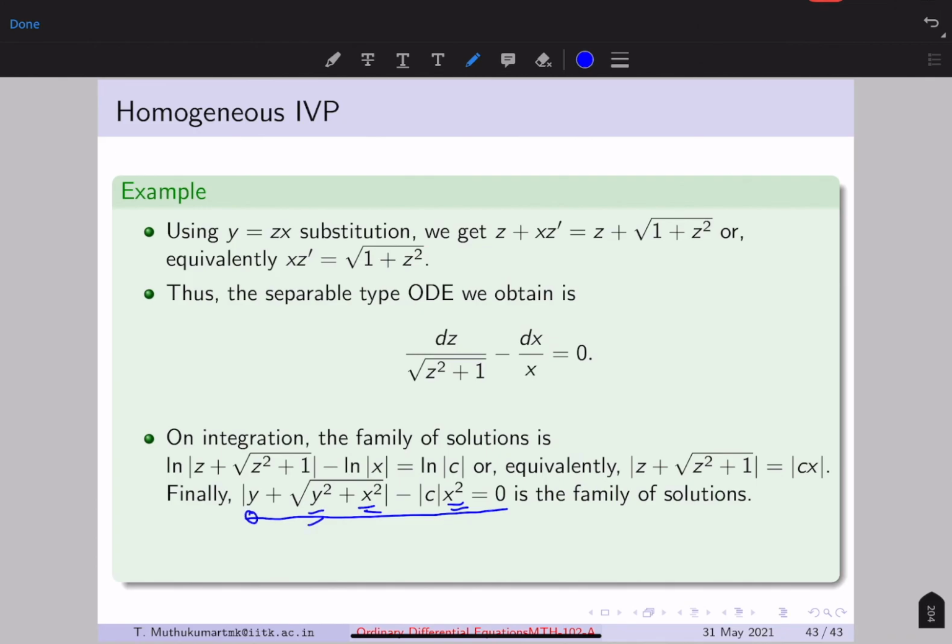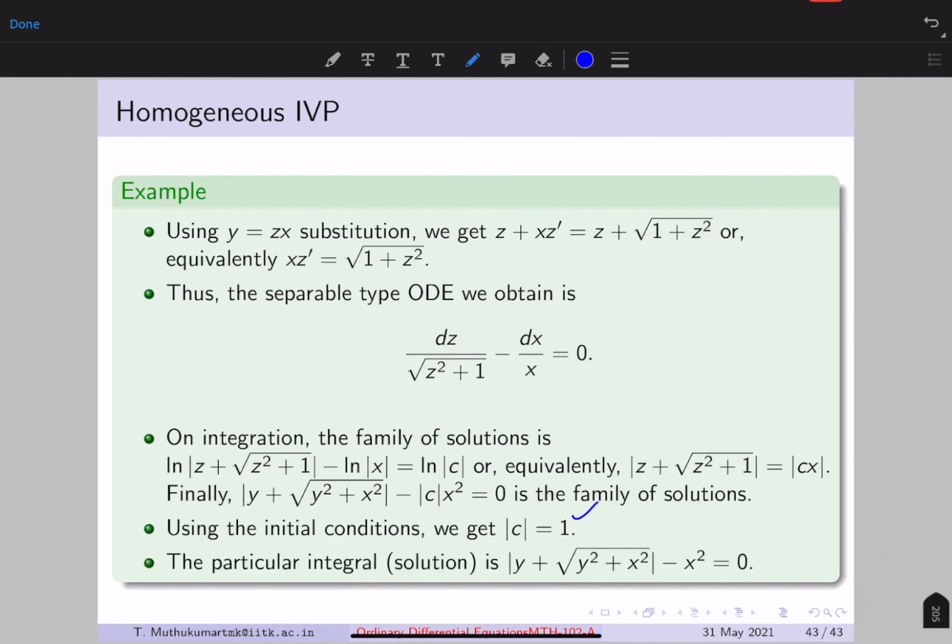So 0, 0, 1, 1. What does that give you? That gives you that mod c is 1. So use that information here. This is the particular solution for the given initial value problem. So you have solved the initial value problem in x and y variables.